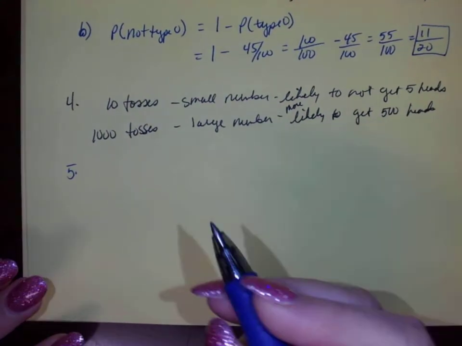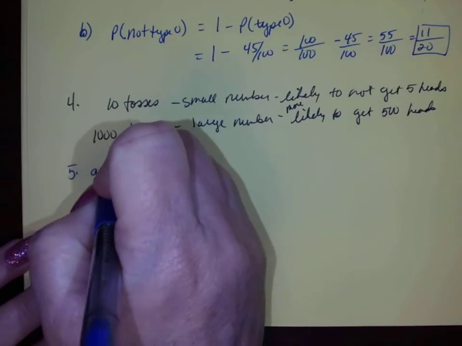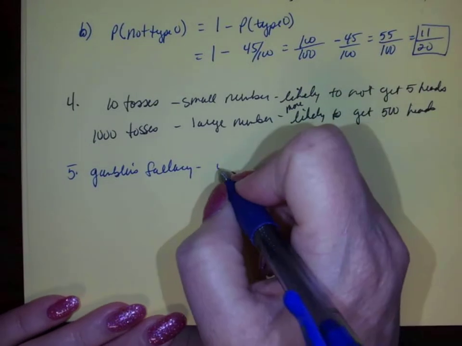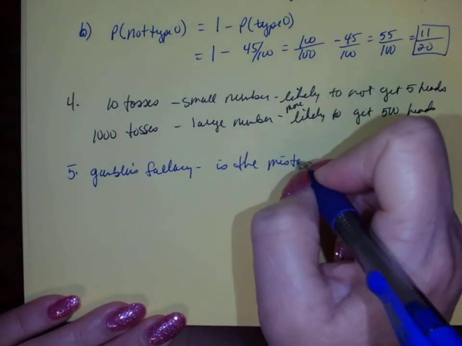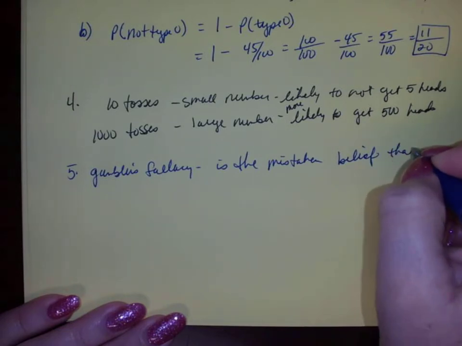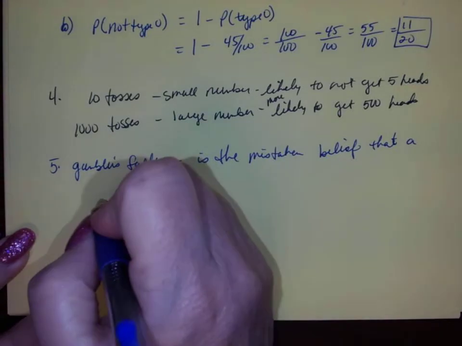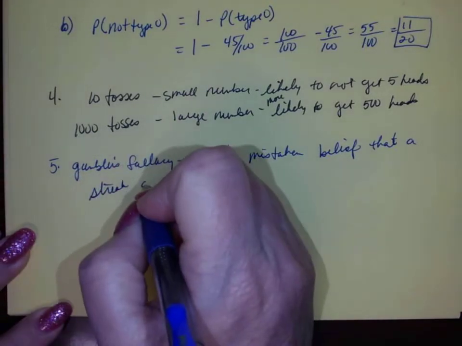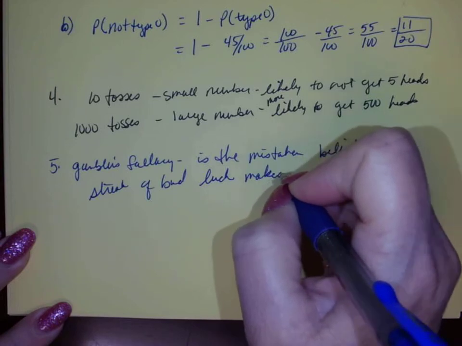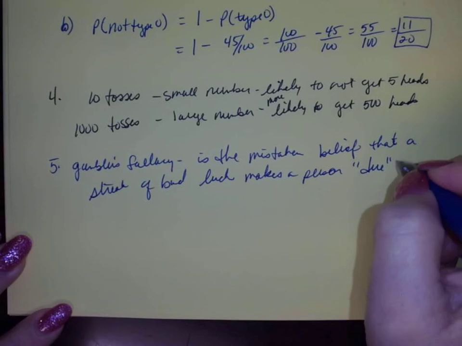There's lots of examples for this, so let me put this in here. So gambler's fallacy is the mistaken belief that a streak of bad luck makes a person due for a streak of good luck.